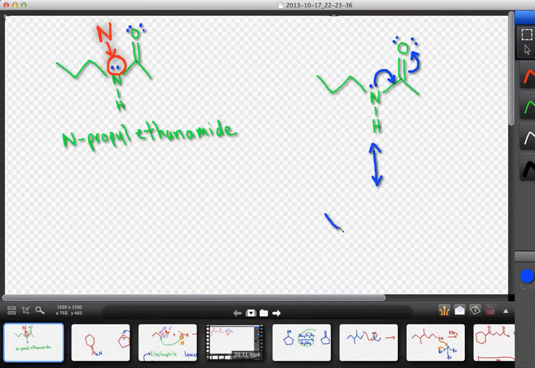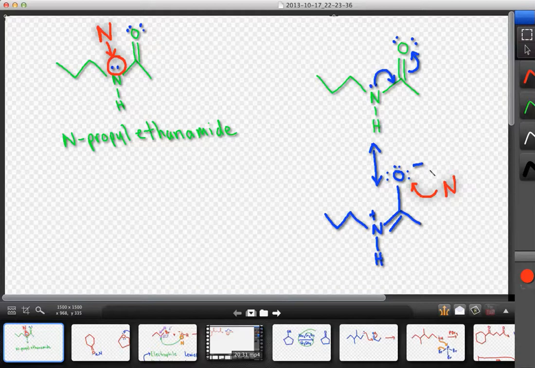And since I have resonance in play, I've also got to consider this other Lewis structure. And in this other Lewis structure, I think there is little question that the most nucleophilic electrons are not associated with nitrogen, but rather with oxygen.